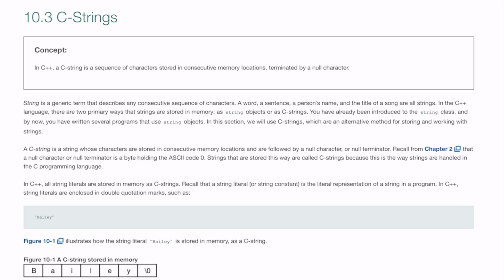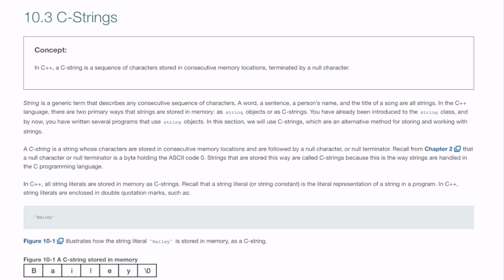So this is one of those ancient troglodyte lizard brain things that is left over from C, which we don't spend a whole lot of time talking about. But I know we had mentioned it all the way back in chapters 2 and 3 when we started talking about strings, so I think it probably bears a little bit of a repeat here.